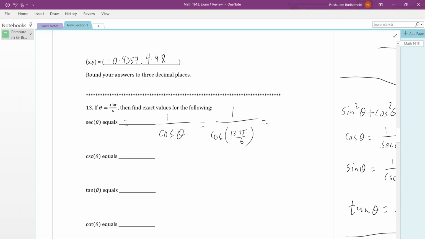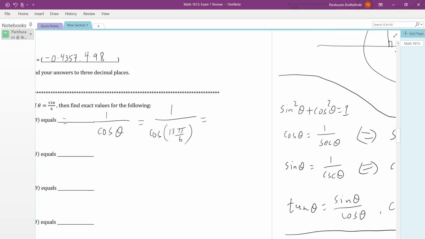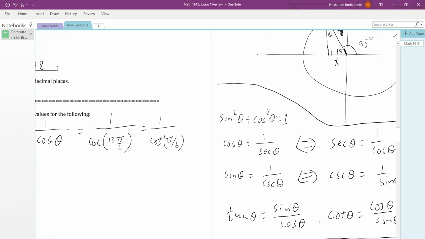You can use a calculator here, or find the coterminal angle, which gives 1 over cosine pi over 6. Cosine pi over 6 is square root of 3 over 2, so if you flip that, it will be 1 over square root of 3 over 2, and that will give you 2 over square root of 3.